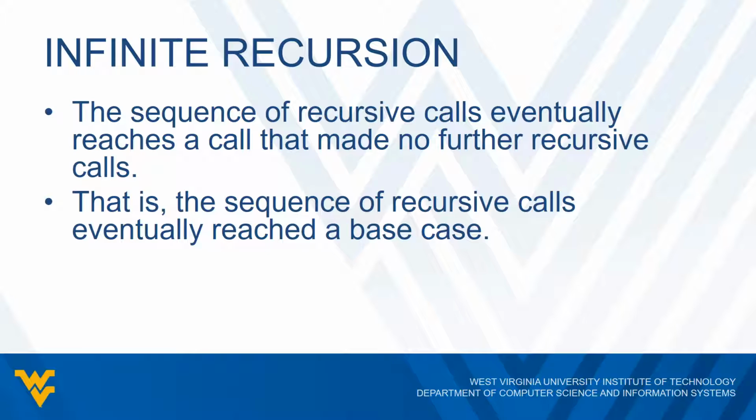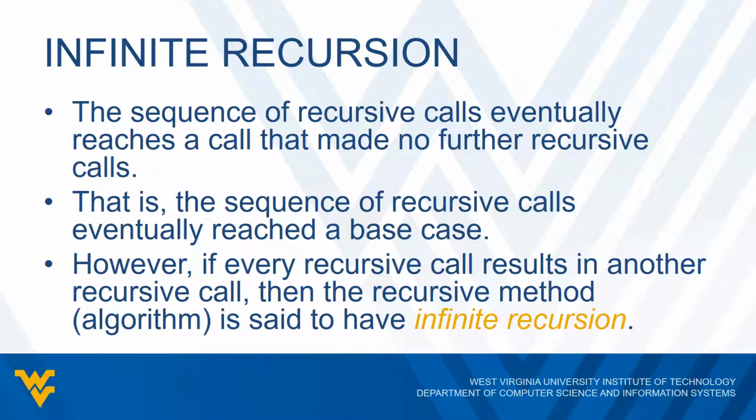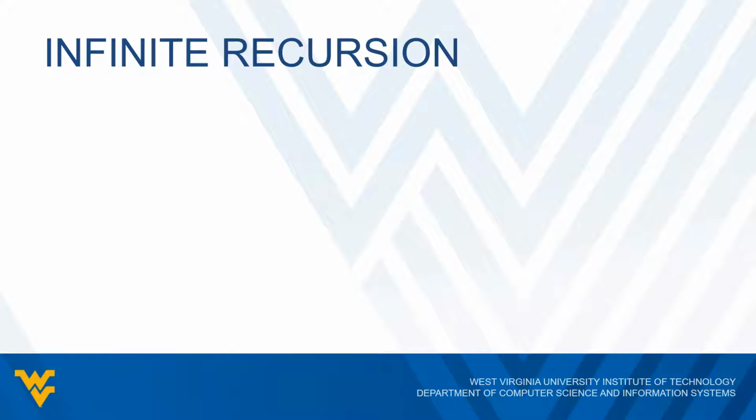But what if that doesn't happen? What if every recursive call results in another recursive call? If that happens, then we say that the recursive method or the recursive algorithm is said to have infinite recursion. So here we're just saying that we have a recursive method that keeps calling itself forever and ever, and we never get back to a base case. So that's what we mean by infinite recursion.